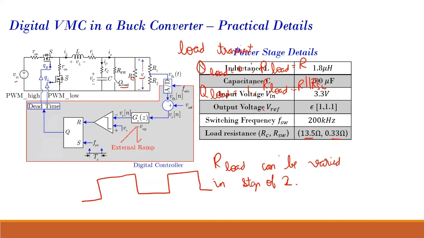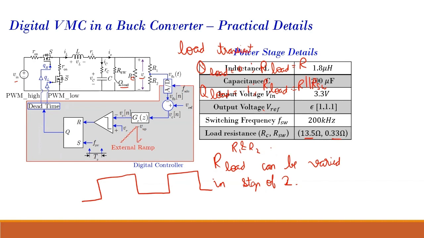Sir, why I'm asking is that we are saying this RSW is much lesser than RC to create the load transient. In that case, this R1 R2 is also parallel to this, no? Yes, I understand your question. What will be the value?